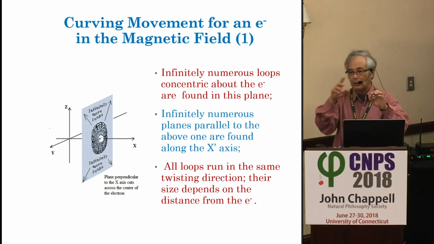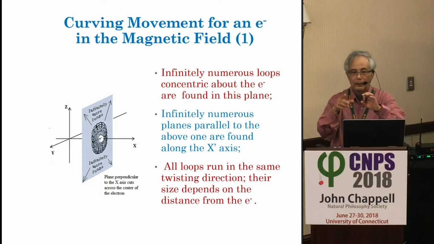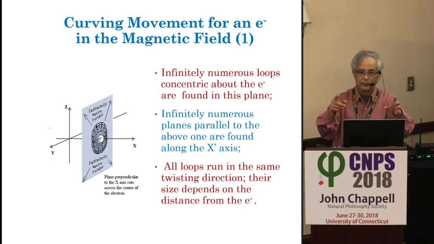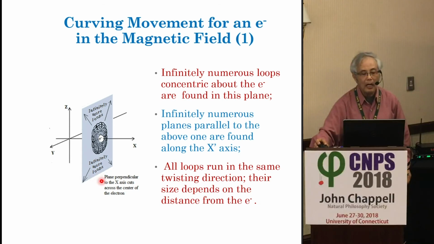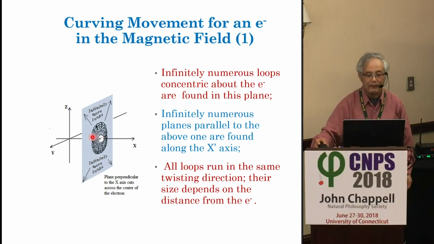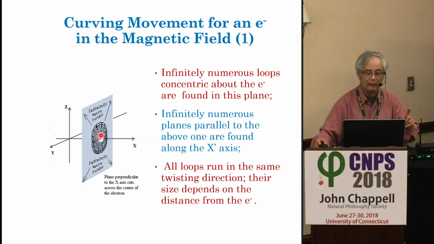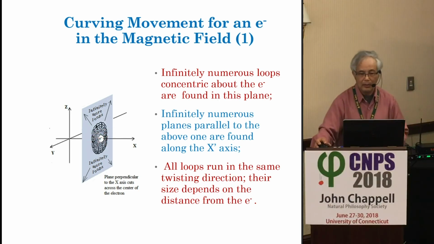But since the helical arrangement must loop back on itself, it means that around the path of the electron, some helical arrangement of the ether must appear.